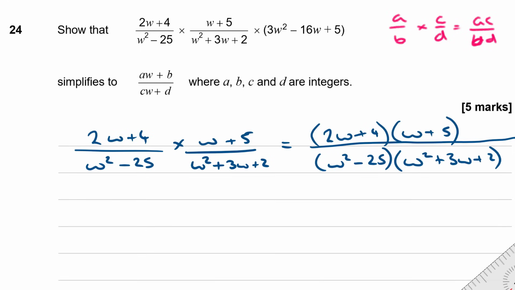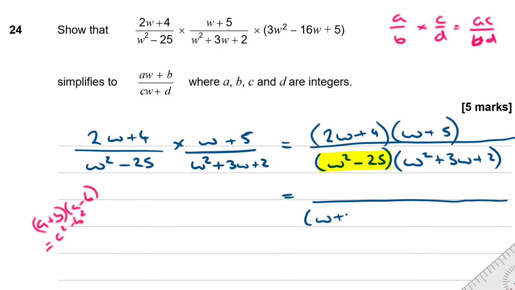Now, can we cancel anything here? Just having a look at what's on the bottom, we've got two quadratics. The one on the left, w squared minus 25, is the difference of two squares. If you remember your identities, a plus b times a minus b is equal to a squared minus b squared, which is what we've got going on here. So that part becomes w plus 5 times w minus 5.